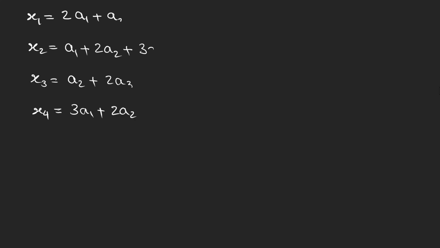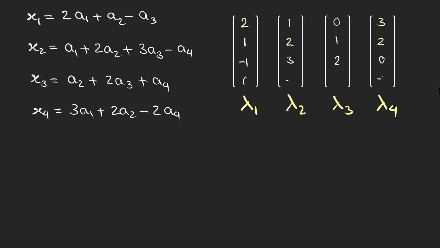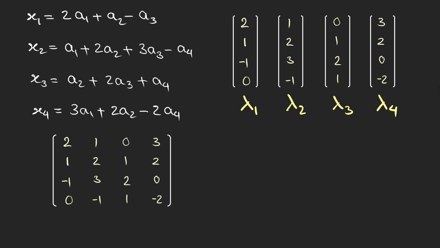Consider these 4 vectors that are expressed in terms of a set of 4 linearly independent vectors a1, a2, a3, and a4. We can form 4 column vectors lambda 1, lambda 2, lambda 3, and lambda 4 using the coefficients that form our new vectors. The next step toward finding out whether these column vectors are linearly independent is forming this 4x4 matrix.